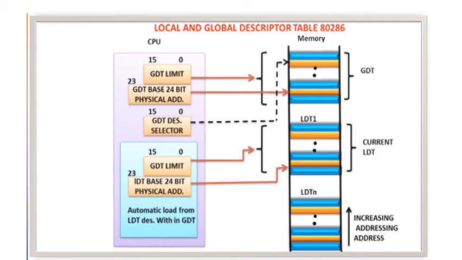The load global descriptor table and load local descriptor table are privileged, and these instructions may only be executed by programs at privilege level 0. The load global descriptor table instruction loads a 6-byte field containing the 16-bit limit and 24-bit physical base address of the global descriptor table.